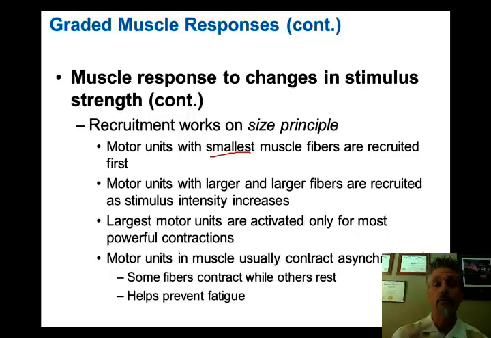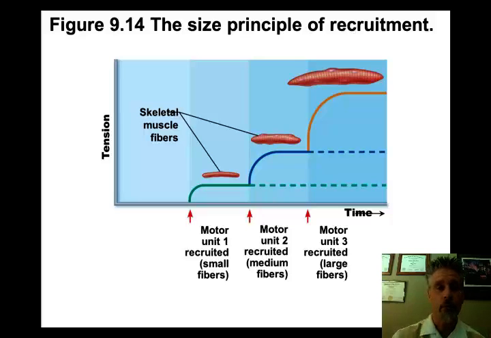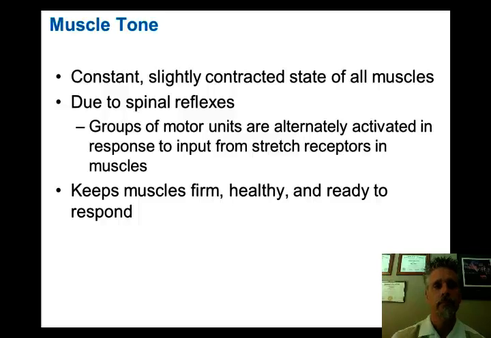And so then if you need more, then you're going to recruit ones that have bigger muscle cells and that are bigger motor units, etc. So we also see that increase in tension as we will increase the size, right? If you're just having a little battle, you may only need these guys. But if you're having a big battle or a big war, you're going to need your biggest, strongest guys, your biggest, strongest cells.